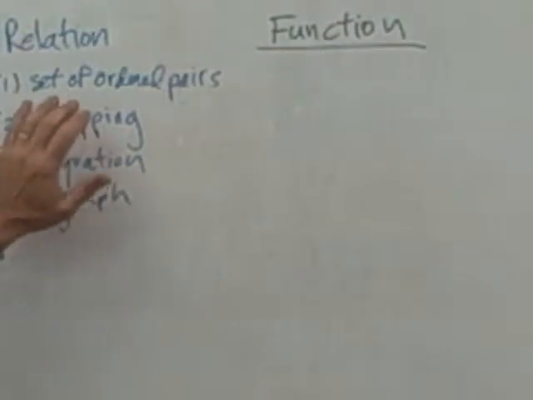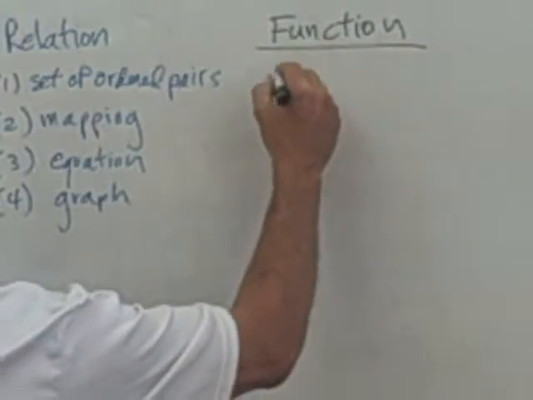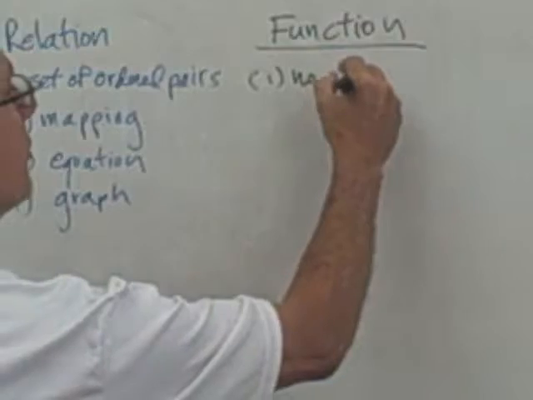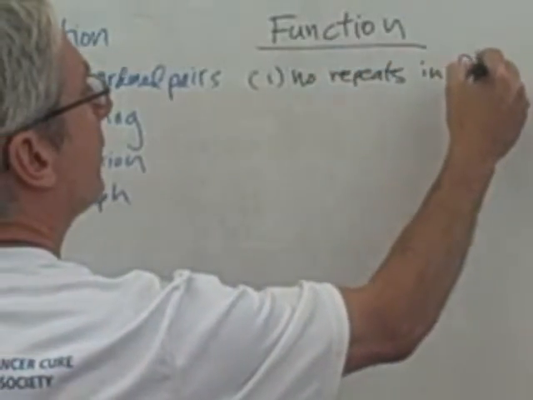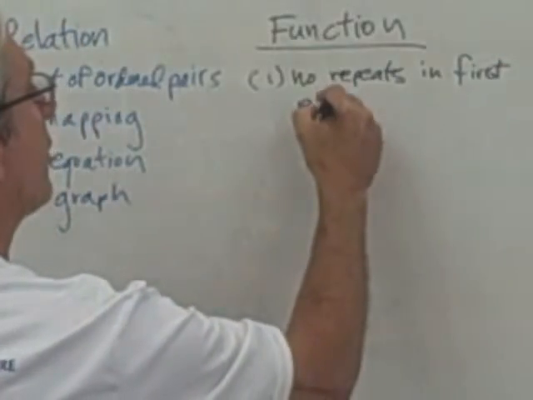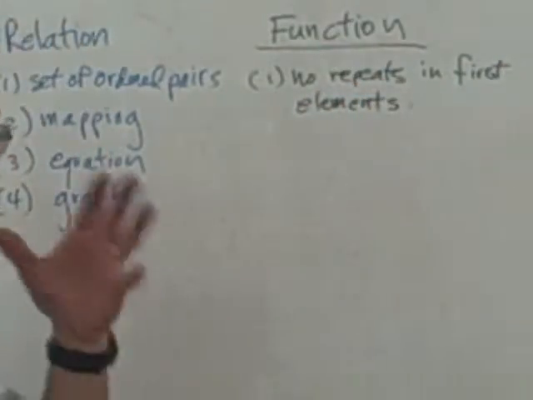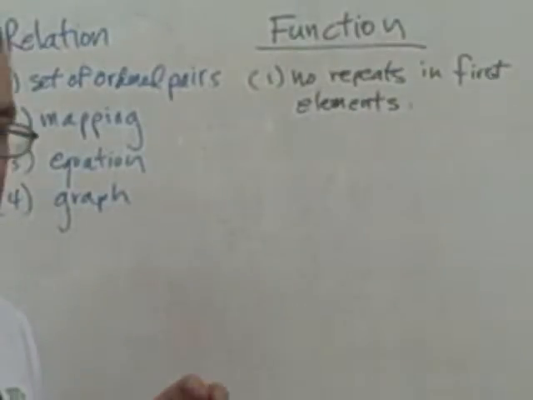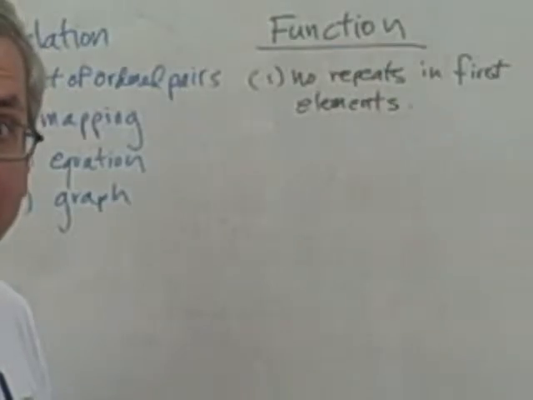Okay, so a function is a relation where you have sets of ordered pairs and there's no repeated first elements, no repeats in first elements. So whatever comes first in the relation, there's only one of them. There aren't two different ordered pairs that start with the same element.